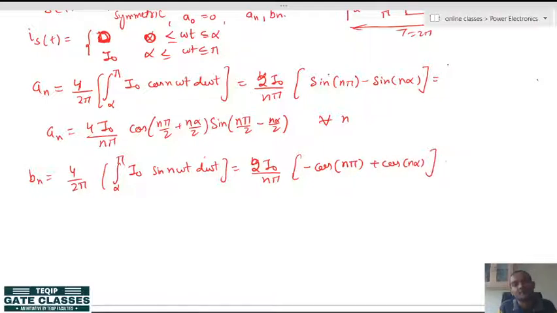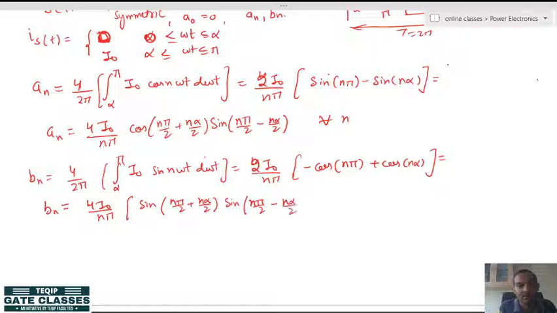Now, applying the formula of cos A minus cos B, 2 sin A plus B by 2, sin B minus A by 2. So, we will get B n equal to 4 I naught upon n pi, sin A plus B by 2, n pi by 2 plus n alpha by 2, sin B minus A by 2, it will be n pi by 2 minus n alpha by 2. Okay, that is also for all n.